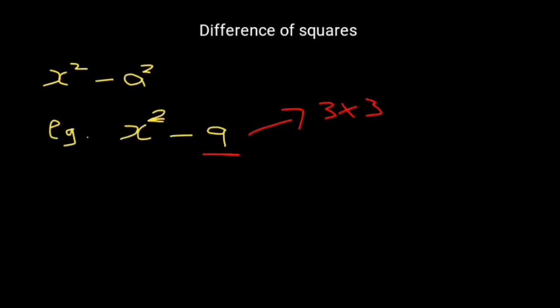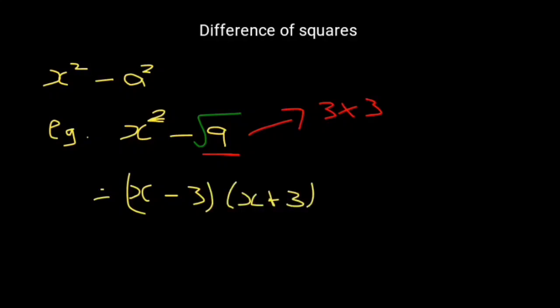And that number is, in this case, 3. So 3 multiplied by 3 gives us 9. So to get that number, we would have had to square root 9 and we would have gotten 3. So writing our answer, we would have x minus 3, and in another bracket we would have x plus 3. So that's how you would solve a difference of square.